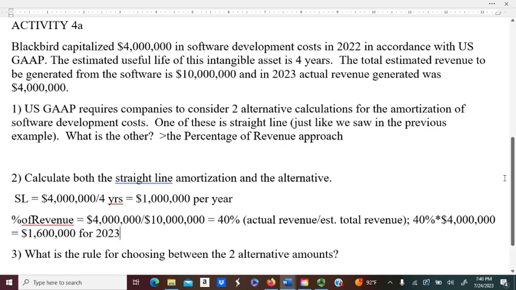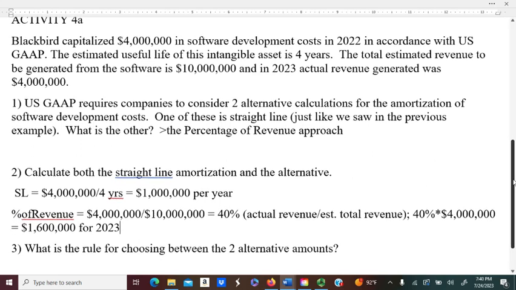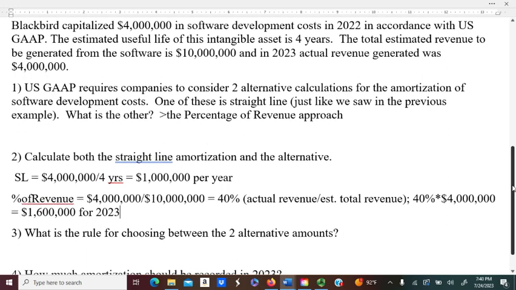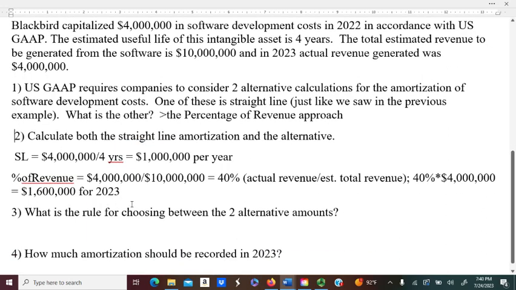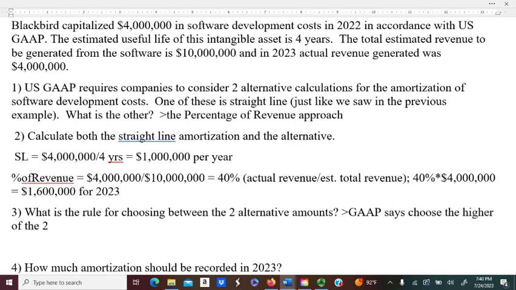Okay, so that's the two alternatives. GAAP says you have to calculate both of those. So we did calculate both of those. So what's the rule for choosing between the two? Well, GAAP says choose the higher of the two alternative amounts.